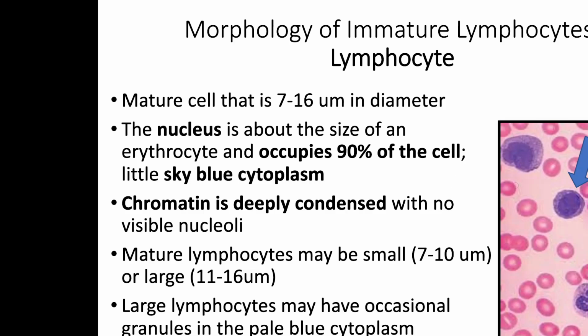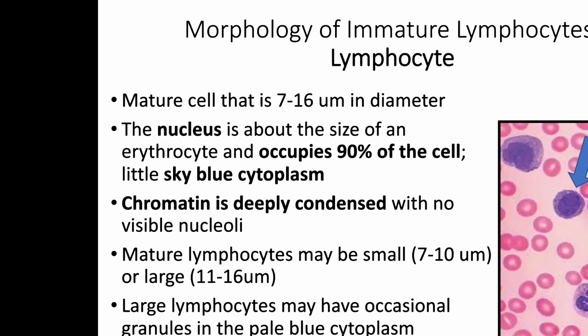It does occupy a majority of the cell, but the thing that makes it not so scary and not like a blast is how condensed that nucleus is compared to the lymphoblast. You can't really see anything through it. No visible nucleoli might be true. I've also observed that some lymphocytes have what looks like a nucleoli, but it's not a true nucleoli. It just appears that way to a lab tech.